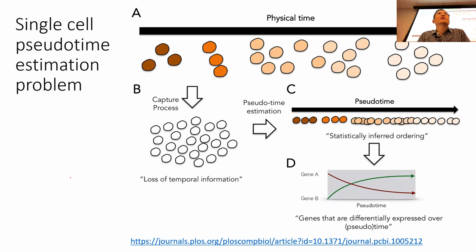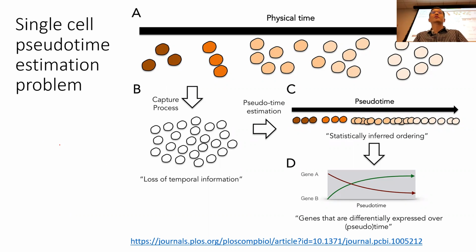Because of single cell data, you normally use a dissociated cell population, so we lose the temporal information. You can certainly collect data from different time points, but still, within the same sample, you don't have that temporal information.